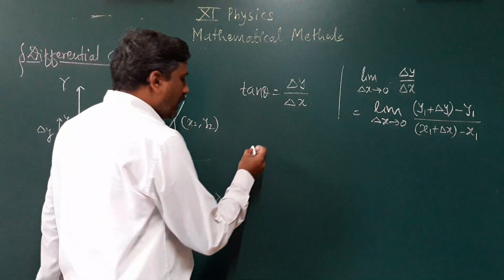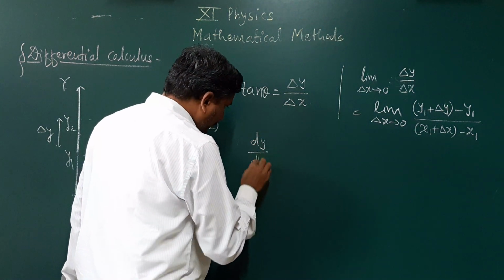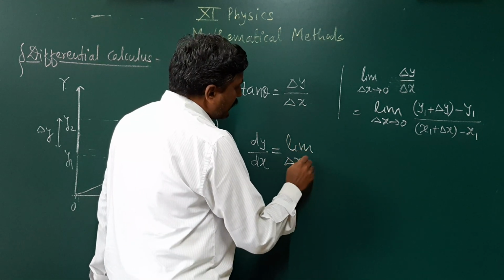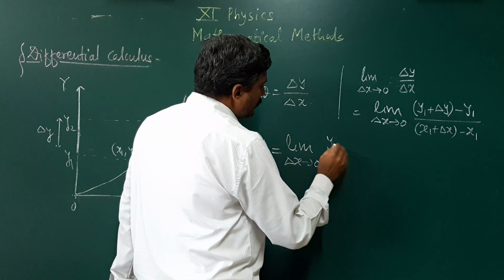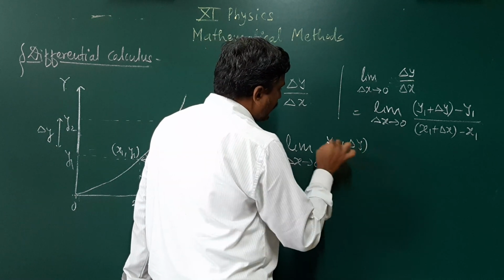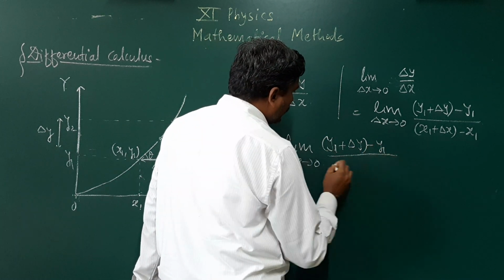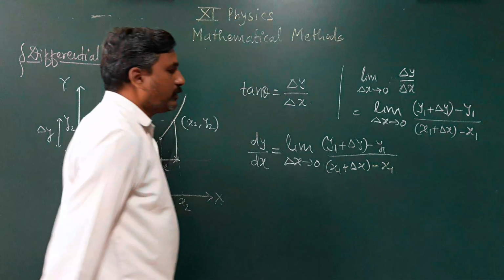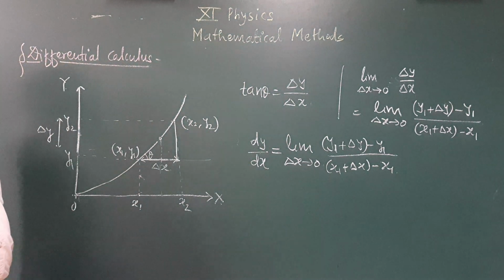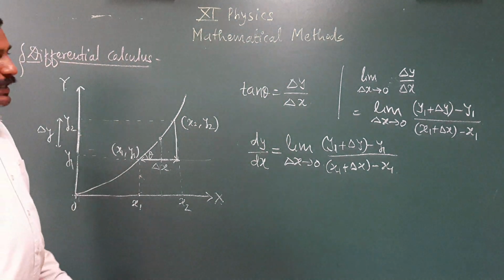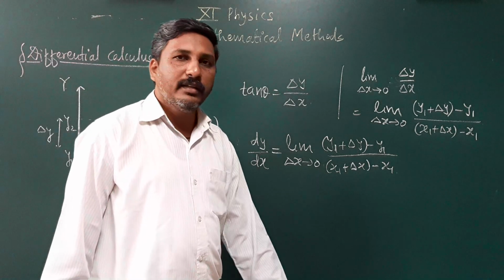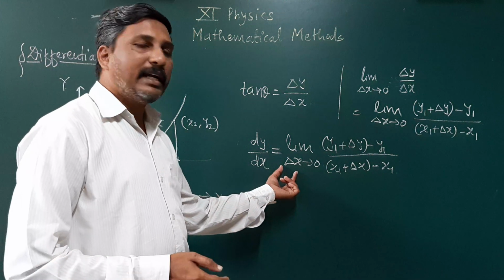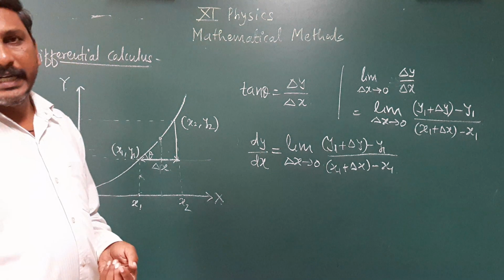Delta y by delta x, or simply dy by dx, equals limit delta x tends to 0, y1 plus delta y minus y1, divided by x1 plus delta x minus x1. So dy by dx equals limit delta x tends to 0, y2 minus y1 divided by x2 minus x1, when delta x approaches 0.